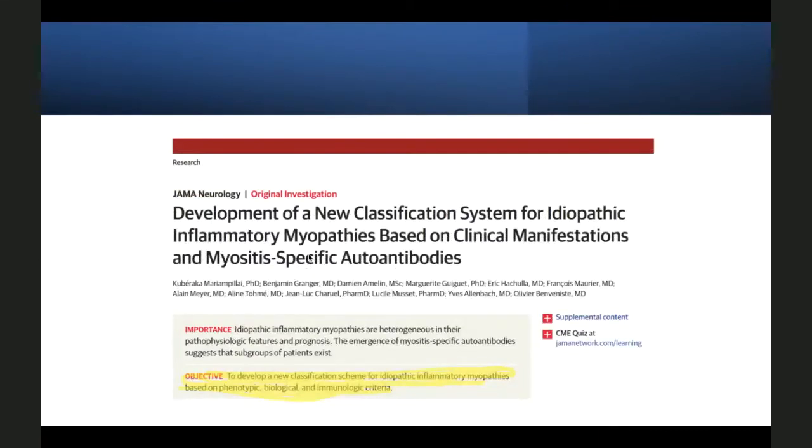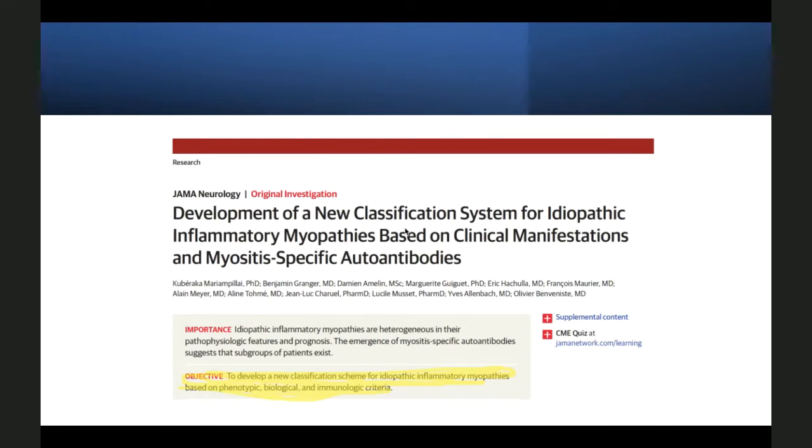As I said earlier, the classification for myopathy is still evolving. This particular article was published in JAMA, and they are now saying that they are developing a new classification for myopathies based solely on clinical manifestation and autoantibodies, and not requiring a biopsy.